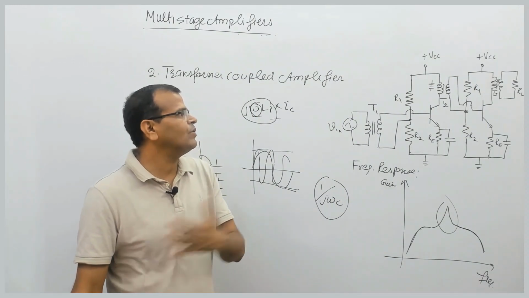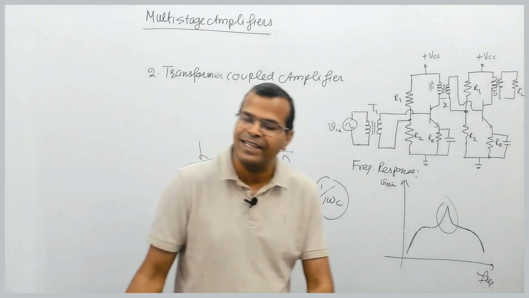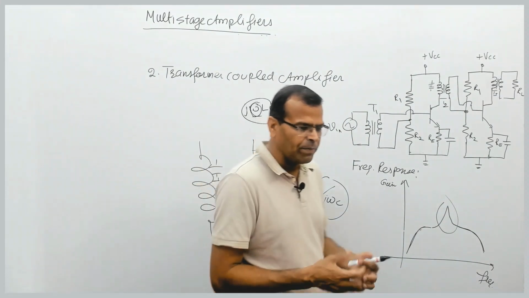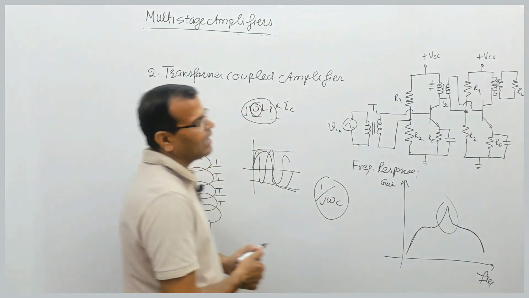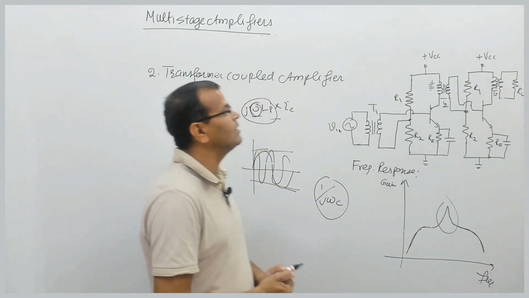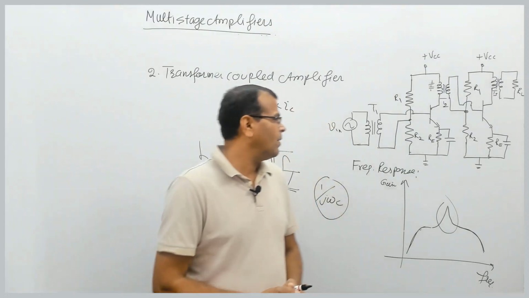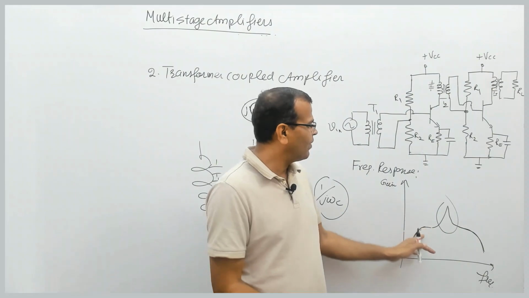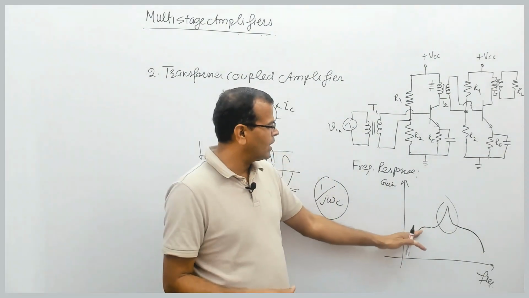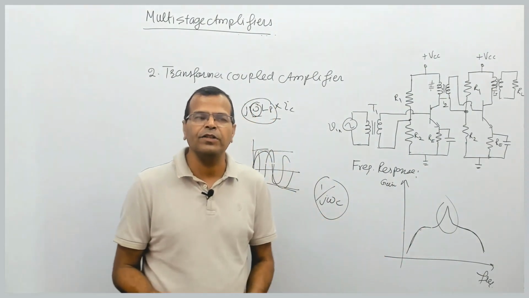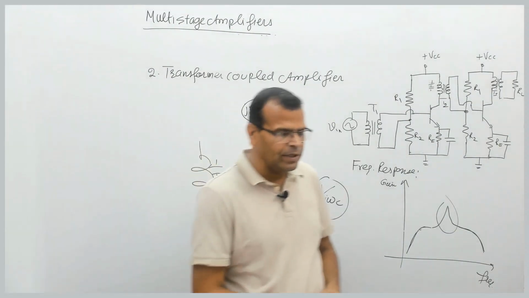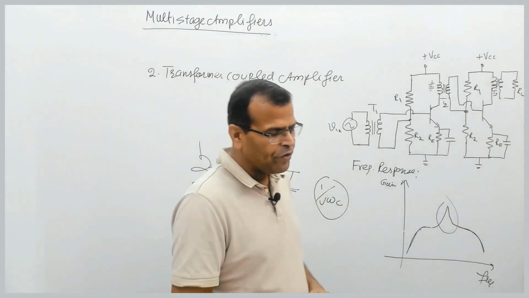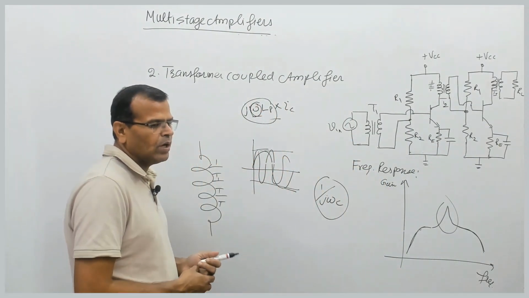And applications, of course, it is used for impedance matching, that is one application. It can also be used at high frequencies, because at low frequencies the gain reduces with decrease in frequency, so it may be used at radio frequencies above about 20 kilohertz.